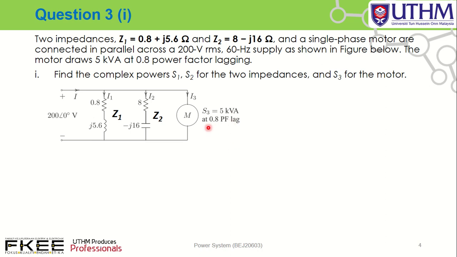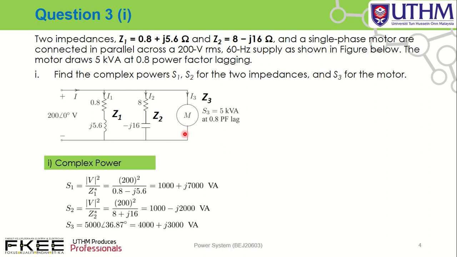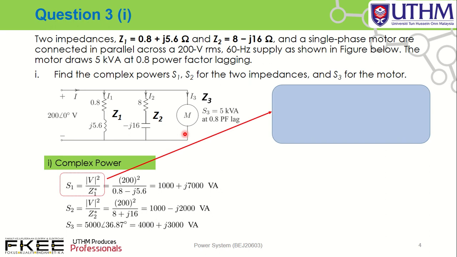So the question is how to determine S1, the complex power for load 1, S2 for load 2, and S3 for load 3, the motor. As we know, complex power S equals V RMS times I RMS conjugate.